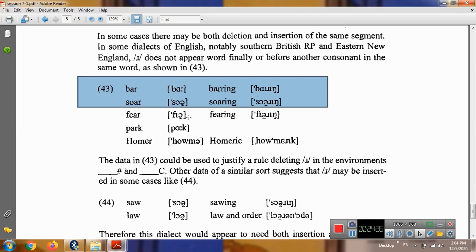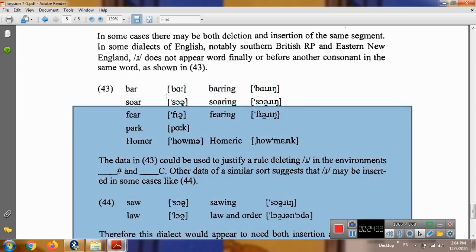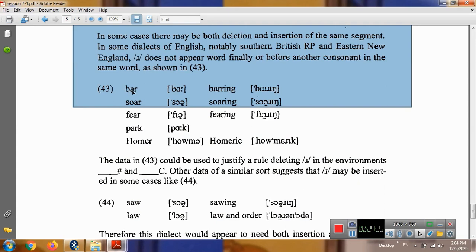Please pay attention to this data. In the British dialect, we delete this r at the end of this word. Ba, sa, fia, pa, homa, at the end of the word and before the consonant.